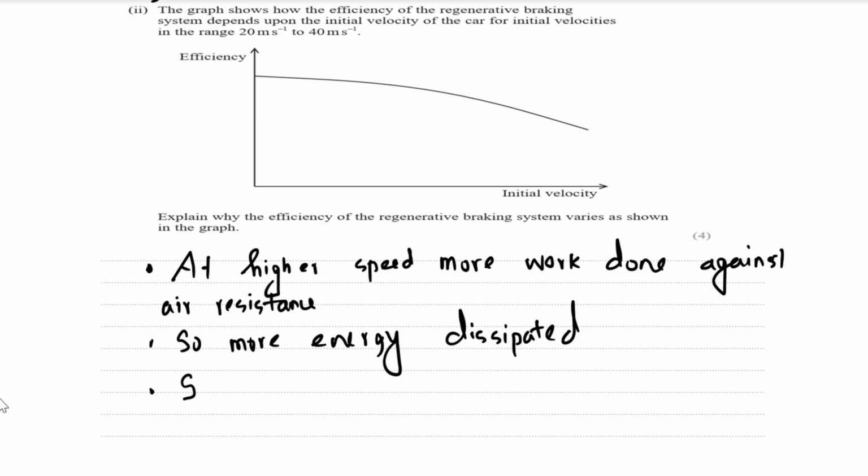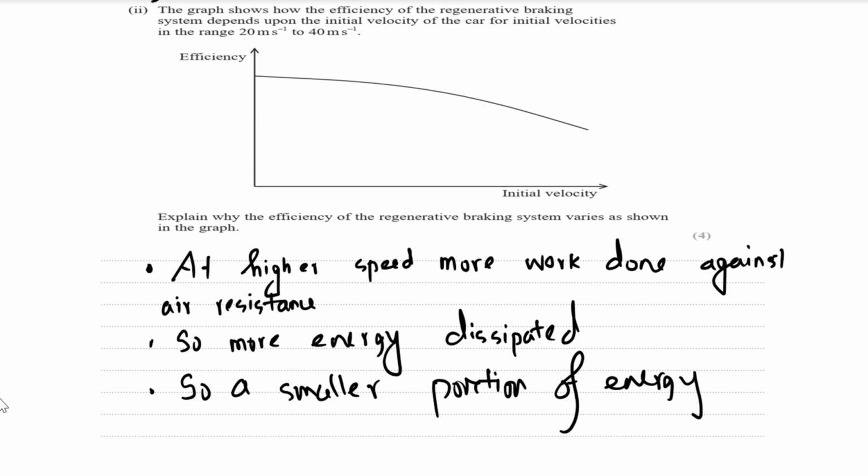So a smaller portion of energy is available to charge the battery.